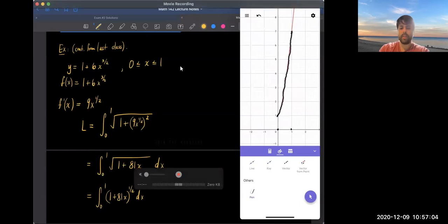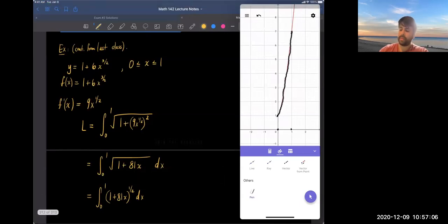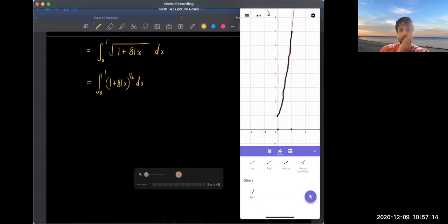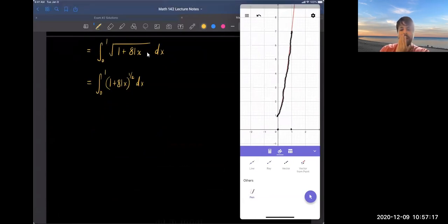Alexandra, you say u sub. What kind of substitution are we going to make? U is going to equal what? 1 plus 81x. That's right.